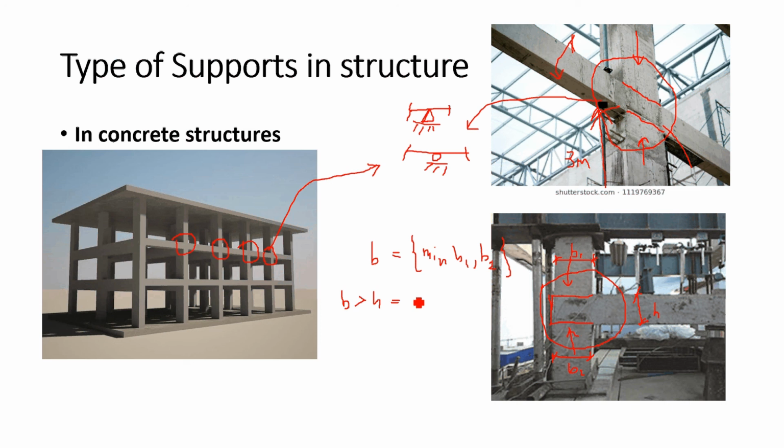Therefore in this case you can consider this support as a fixed support. That means horizontal and vertical movement is restricted. When you give rotations, these two forces, the strength of these two people, will determine the rotation of the structure. So in this case you can consider it as fixed.